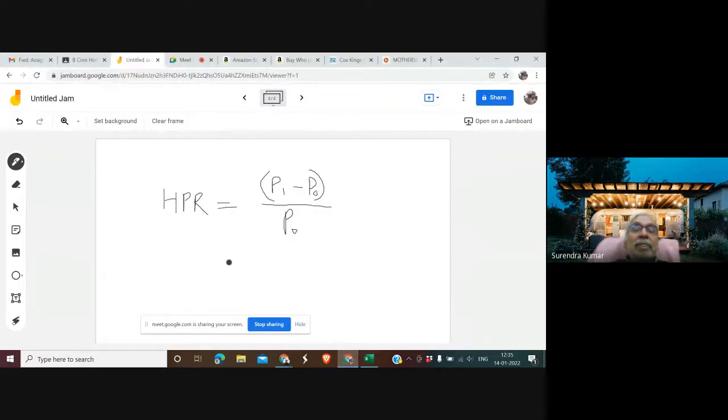I will say that here we are talking of (P1 minus P0 plus dividend) divided by P0. So this dividend, like in the current example, we are saying 340.